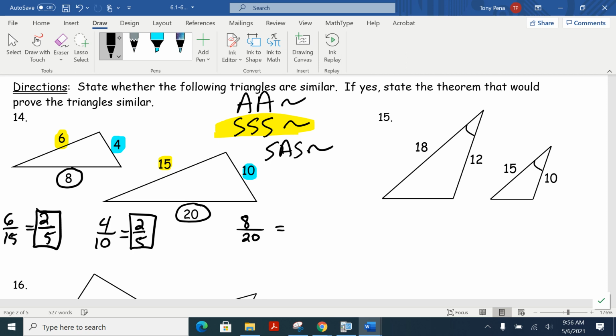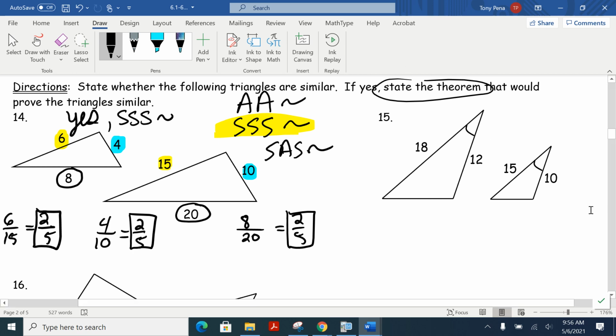And do we get 2/5? Yeah. So all of those are 2/5. So the first thing it says is state whether or not they are similar. So that is a yes. And then it says state the theorem that would prove that. It was the side, side, side similarity statement. Okay.